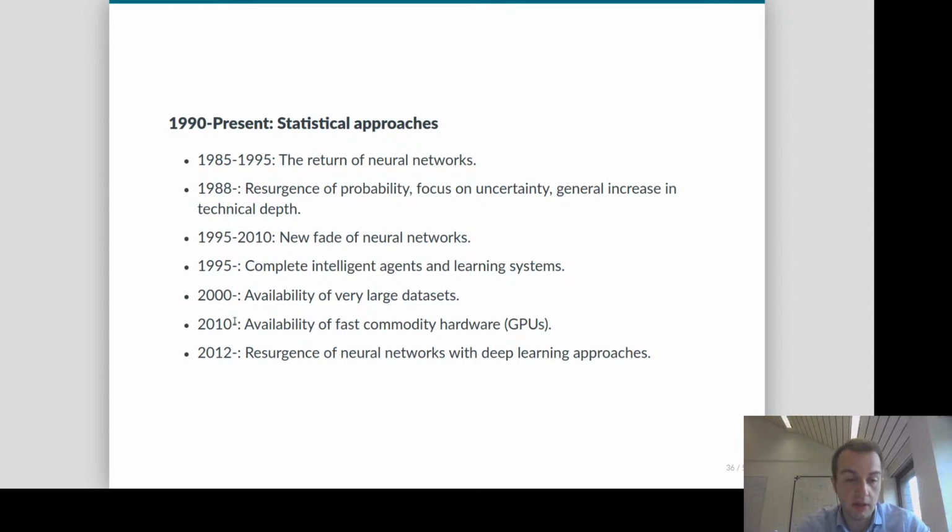And finally, around 2012, really it is the time where you could say that we had a resurgence of neural networks with what is now known as deep learning. This deep learning is the focus of an entire course, as I was telling, that you can take during your master's degree.